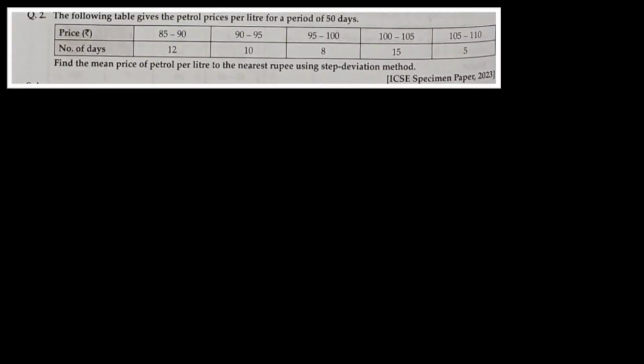So let's do the next question if no doubts. This will be the last question. Here I am going to teach the third method, because this question says find the mean using the step deviation method.